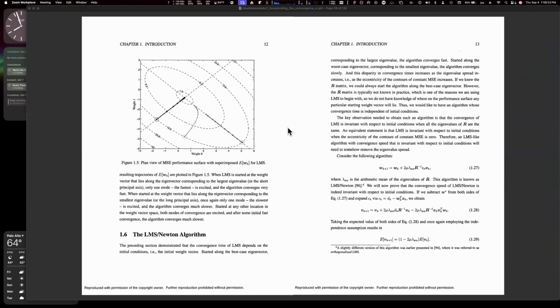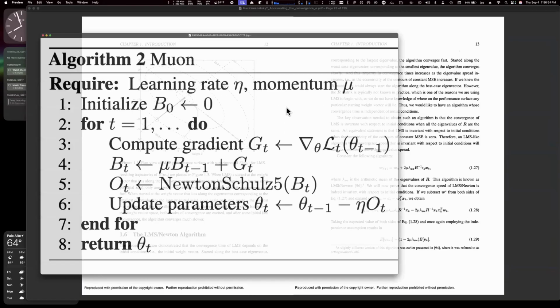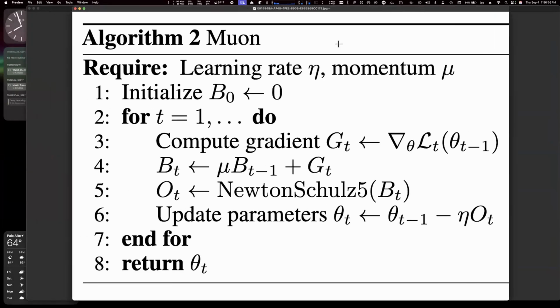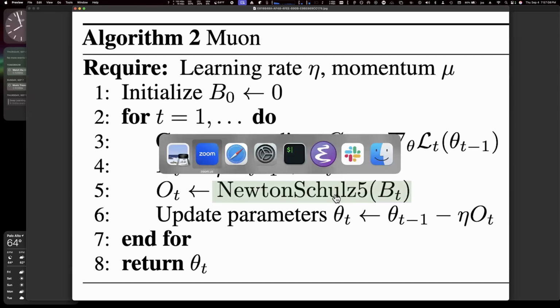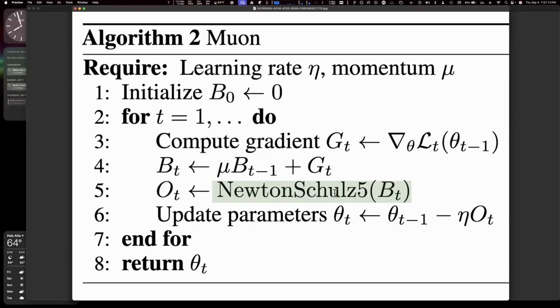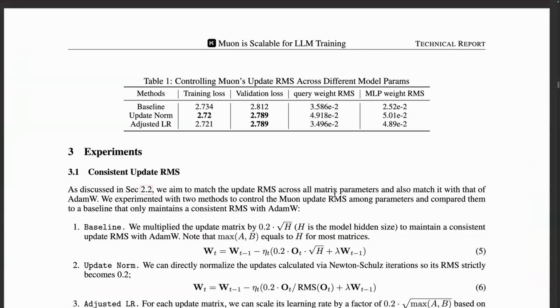Yeah, that is the one. Right, you need Newton-Schulz. And that Newton-Schulz 5 is an approximation of UV^T, where U and V are from the SVD.